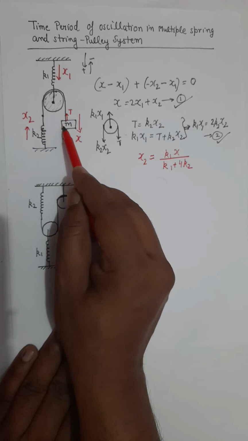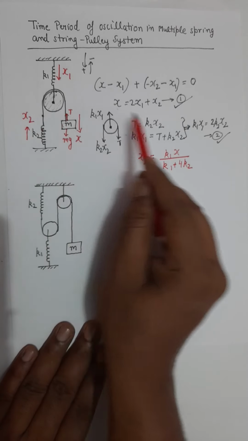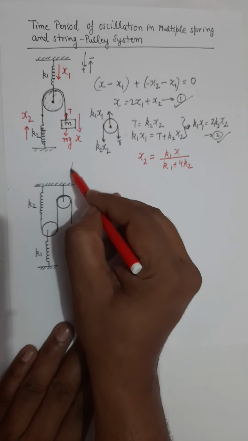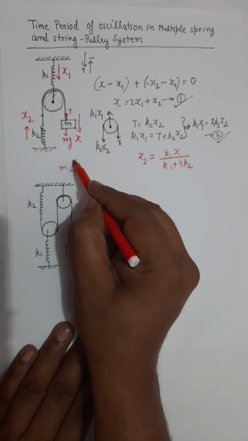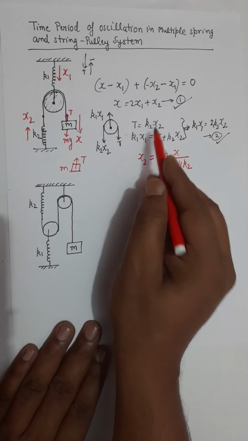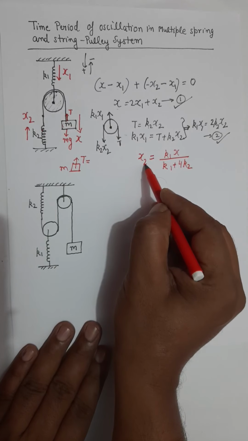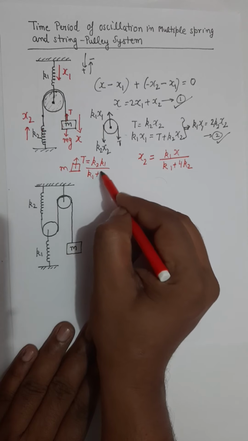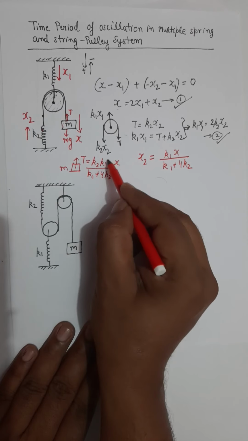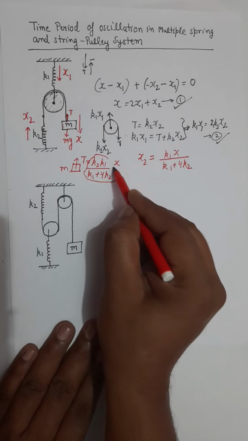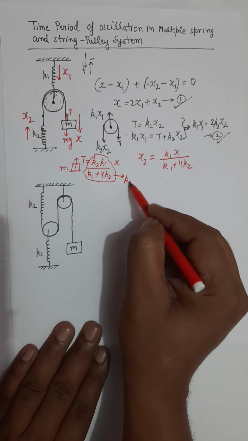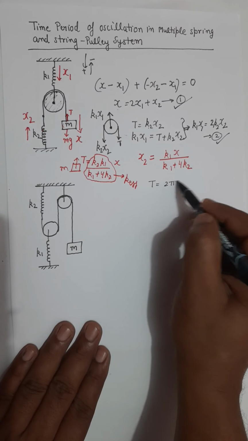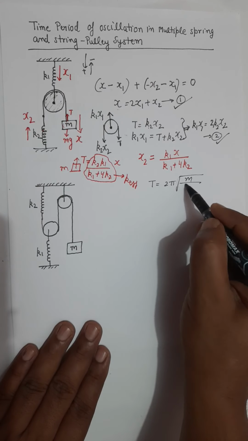So the force on mass m in the upward direction, which is capital T, is k2 times x2, and if I replace x2, I get k2 k1 divided by k1 plus 4 k2 times x. So this term, k2 k1 upon k1 plus 4 k2, is now my k effective, through which I can get the time period, which is 2 pi square root of m over this k effective.